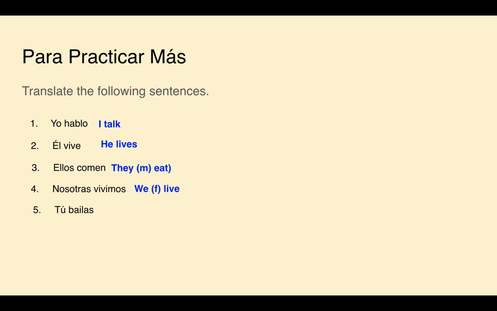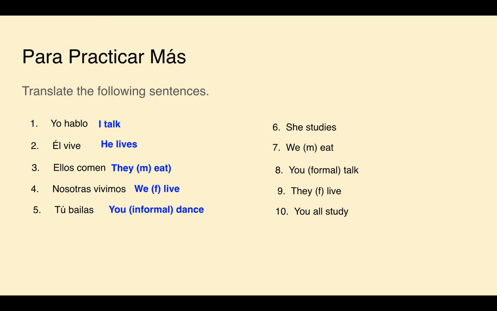Nosotras vivimos, we live. Nosotras vivimos in Urbandale. Tú bailas, you, and it's the informal you, dance. So that was Spanish to English. Now let's see if you can do the flip side. English to Spanish. So, ¿cómo se dice she studies?